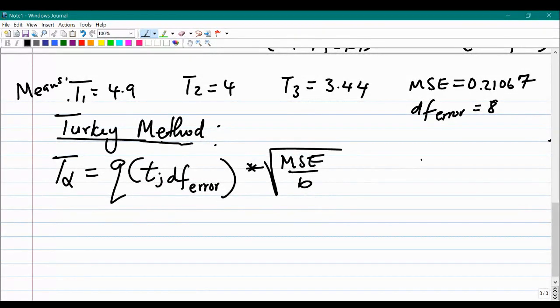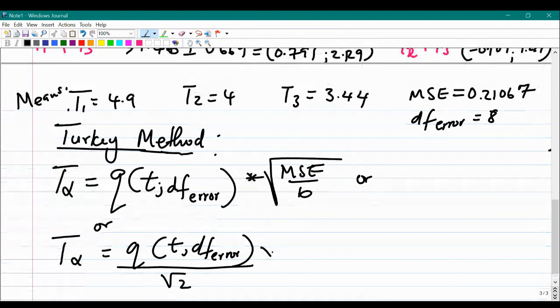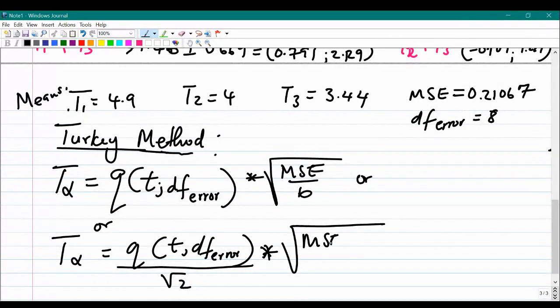Or, if you don't like this one, you can use this formula: q(t, degrees of freedom of error) divided by the square root of 2, multiplied by the square root of MSE times (1 over b plus 1 over b).